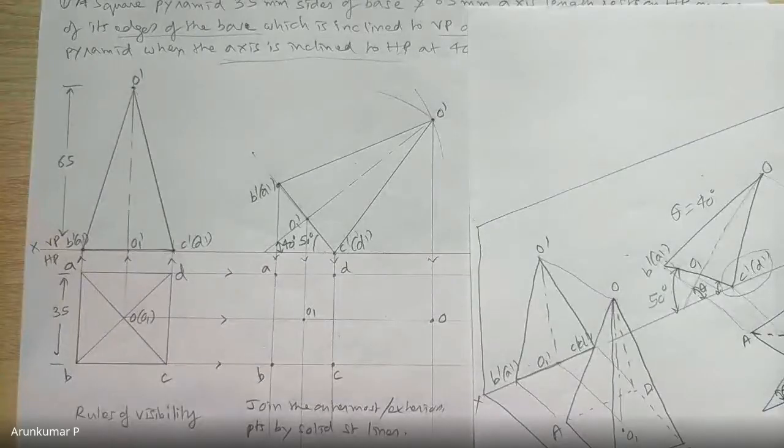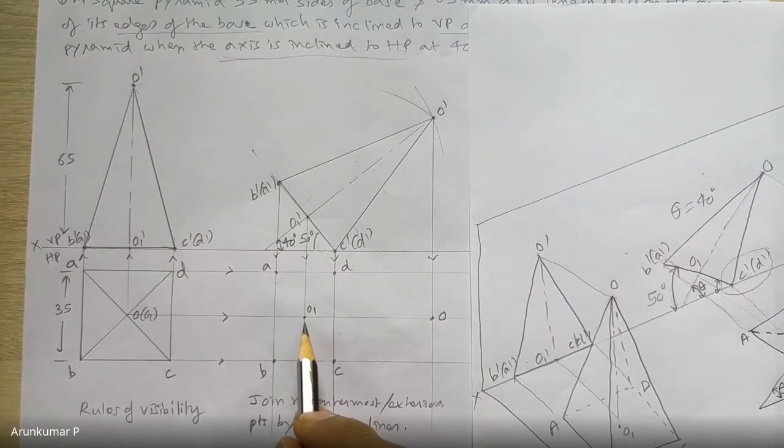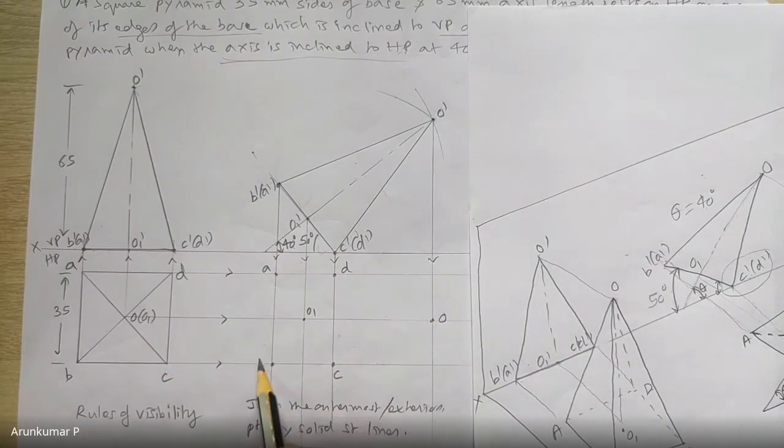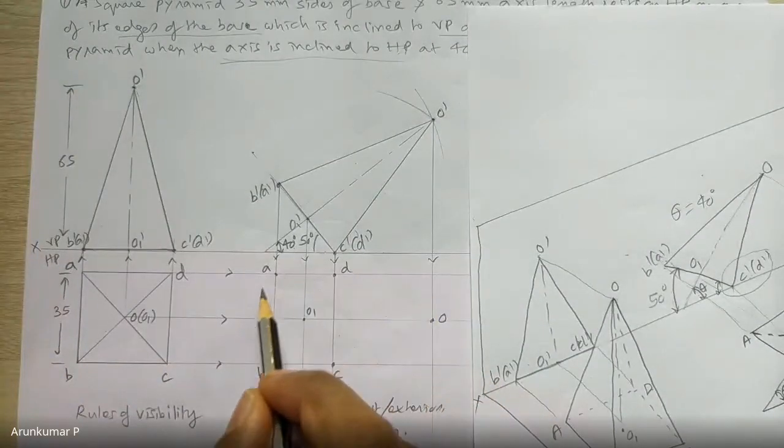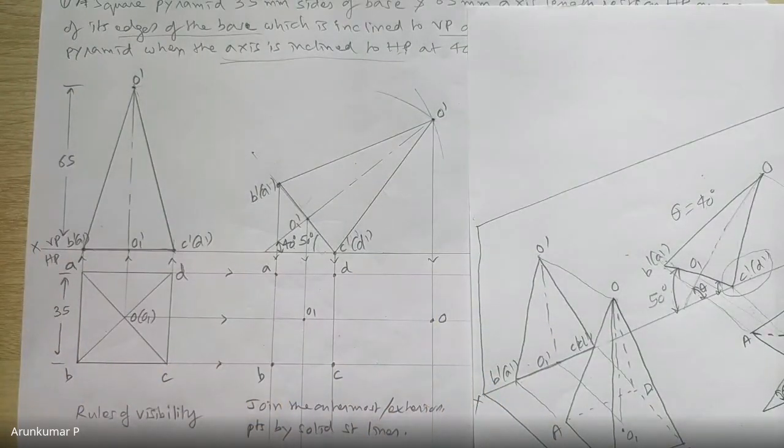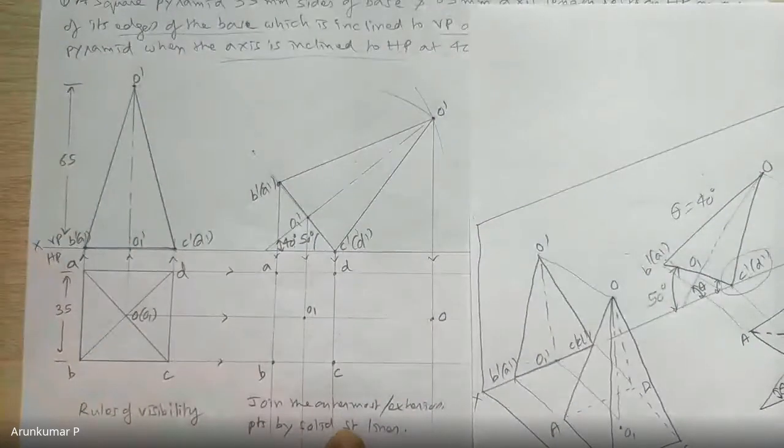One is interior point, sir. Exactly. O1 is interior point. A, B, C, D, and O. All these 5 points are exterior points. O1 is interior point. So what we need to do is join the exterior points by solid straight lines.